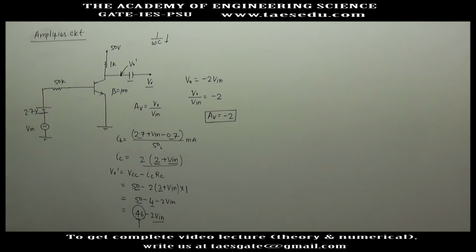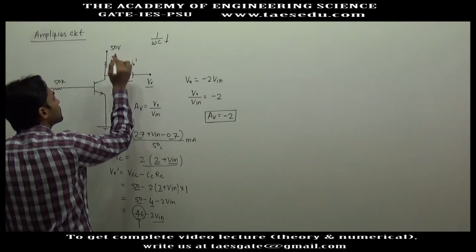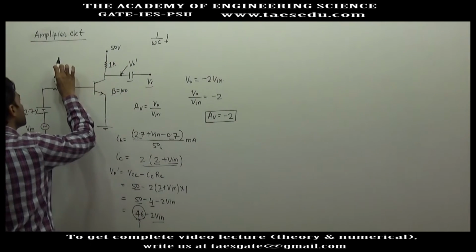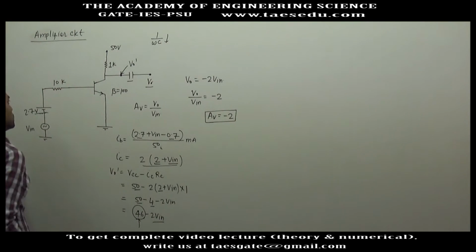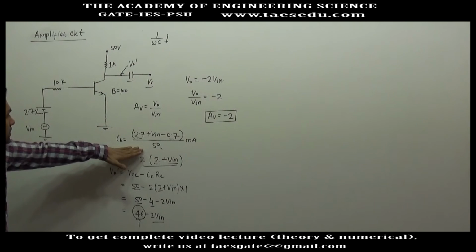If you want to increase the gain, let's say this is 1 kilo, you decrease it to 10 kilo. While decreasing this value, you have to take care that the value of IB will increase.